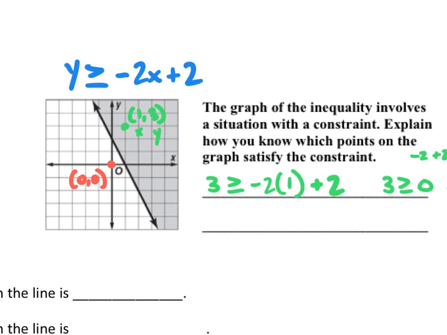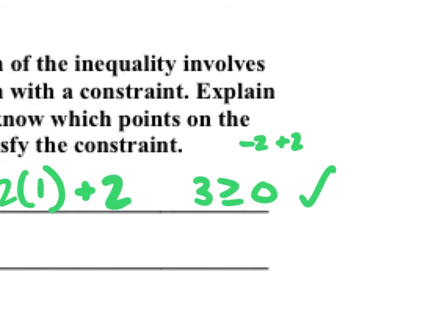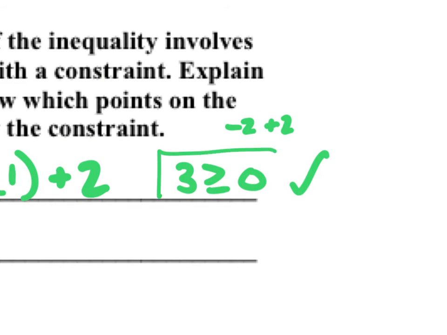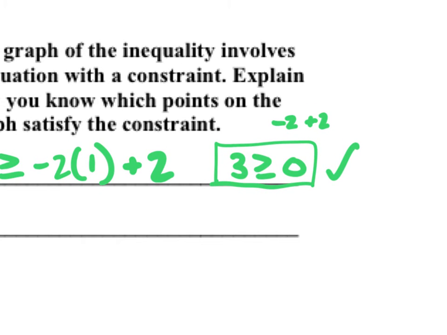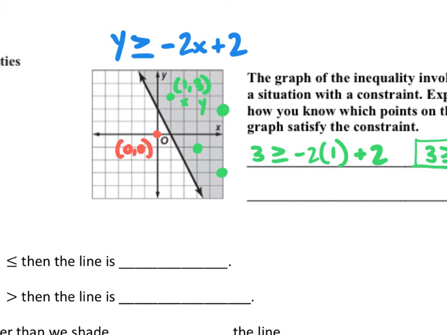So any time you pick a point, I could have picked this point, could have picked this point, could have picked this point. Anytime you do that, you would get a true statement. The numbers would be different, but the constraint would be satisfied, that the number on the left would be greater than or equal to the number on the right.